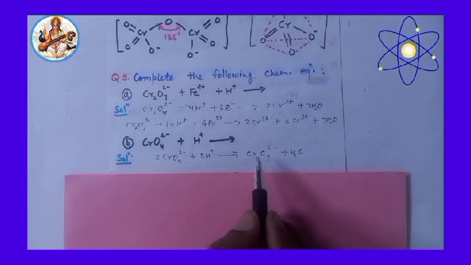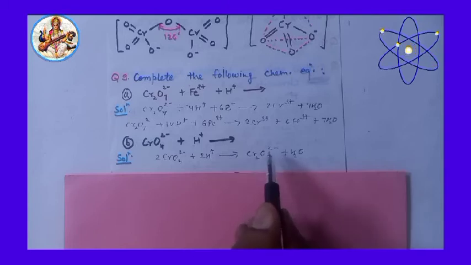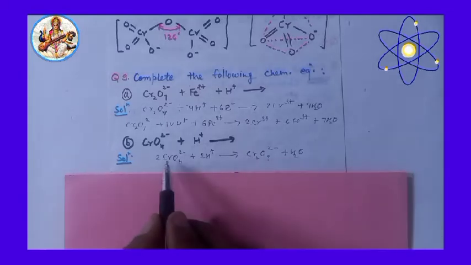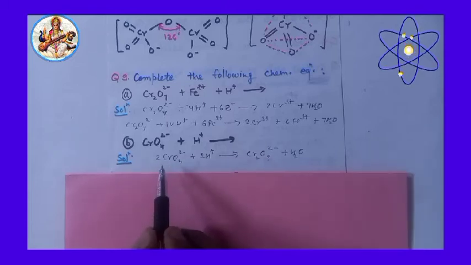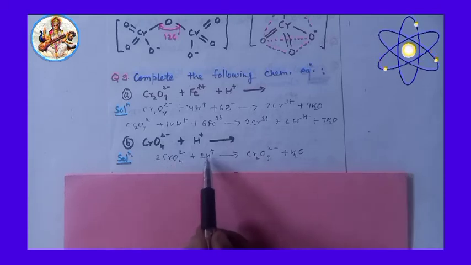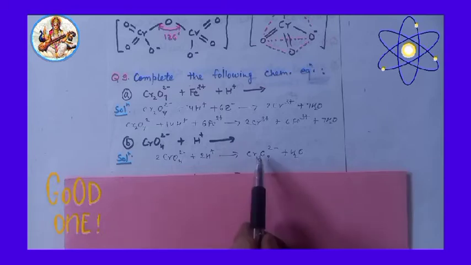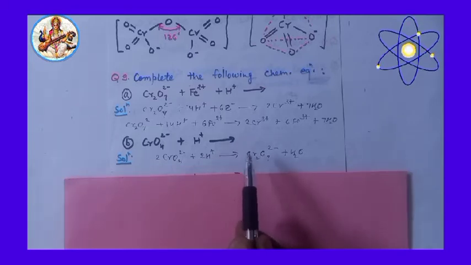Here, an important point: the dichromate ions on addition of alkali change into chromate ions, while the chromate ions on addition of acid change into dichromate ions.